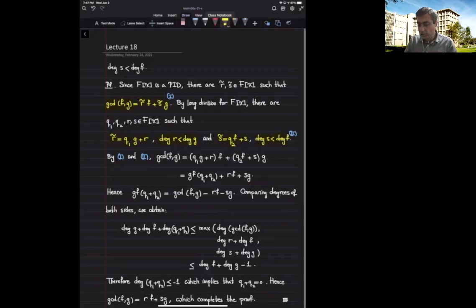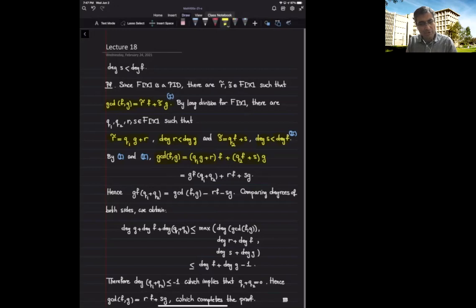Now, I'm going to use these equations and replace r tilde by q1 times g plus r, and replace s tilde by q2 times f plus s. We end up getting the GCD of f and g is, instead of r tilde, I write this times f, plus instead of s tilde, I write this times g.